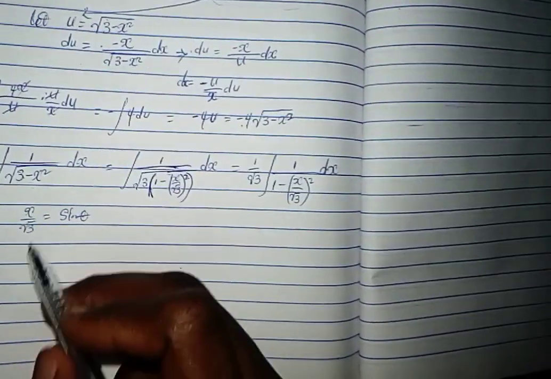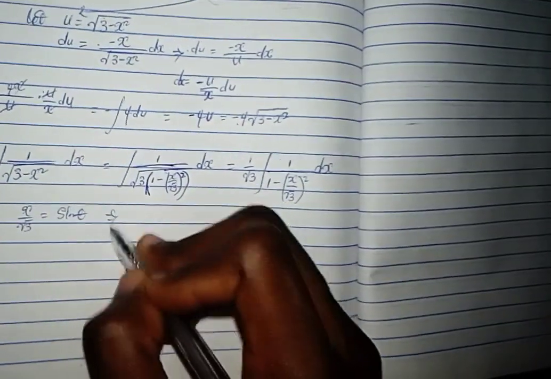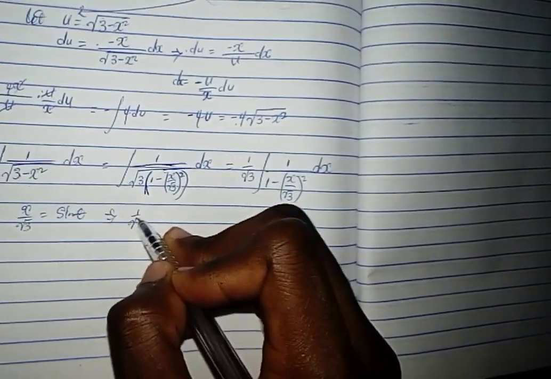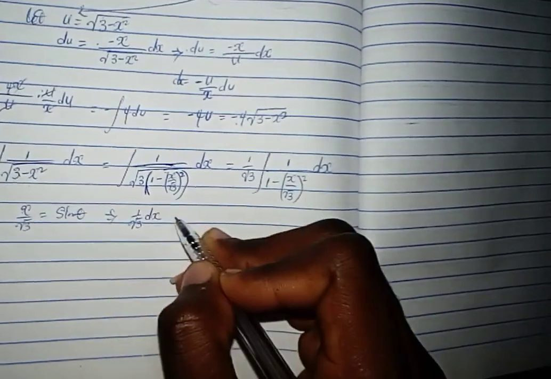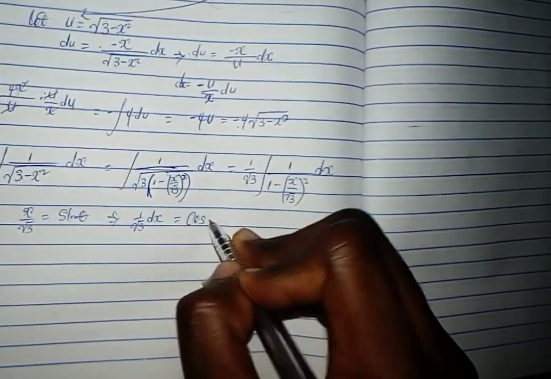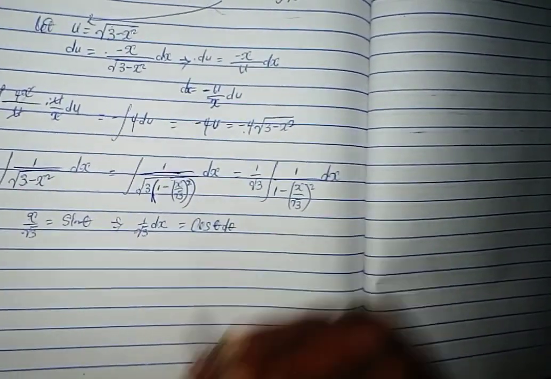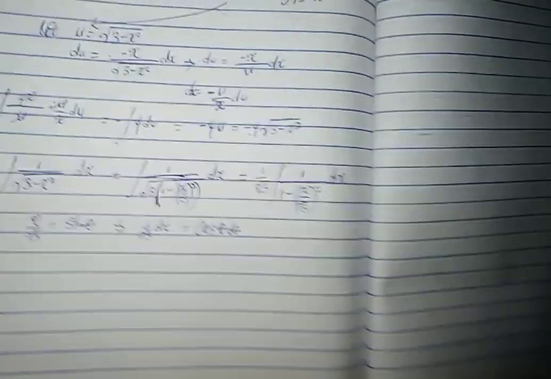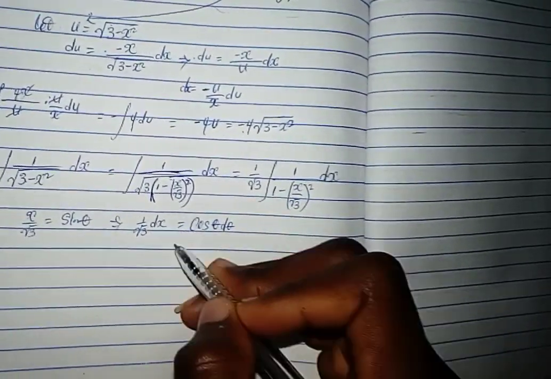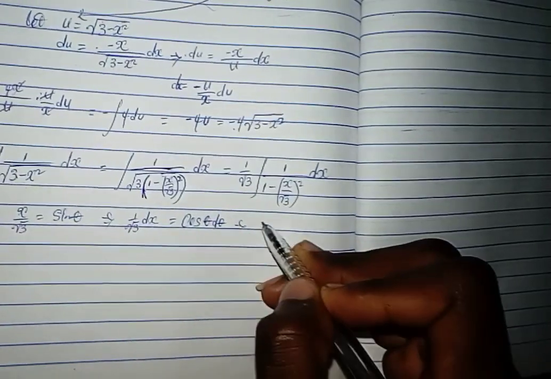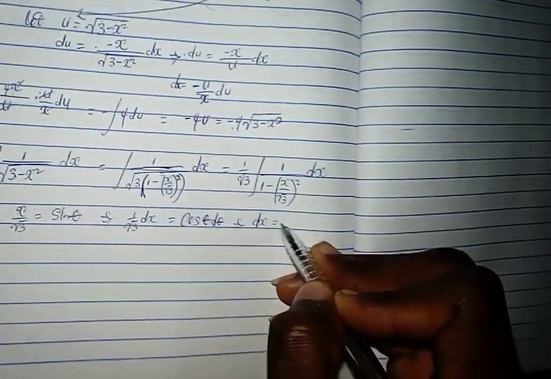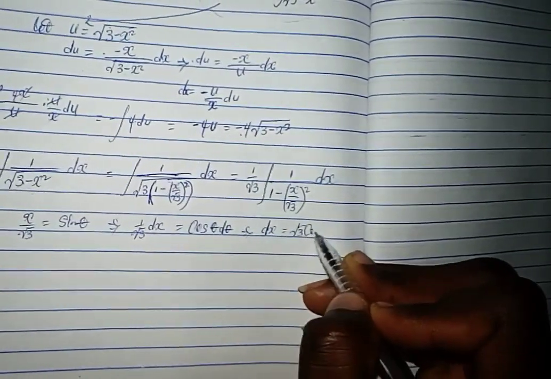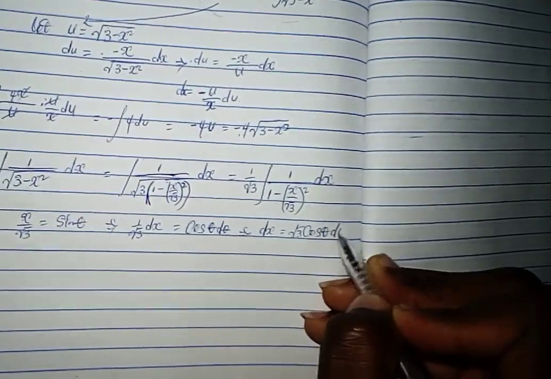Differentiating this, we have that 1 over root 3 dx equals cos theta d theta. So now we should find the x from here. The x from there is root 3 cos theta d theta.